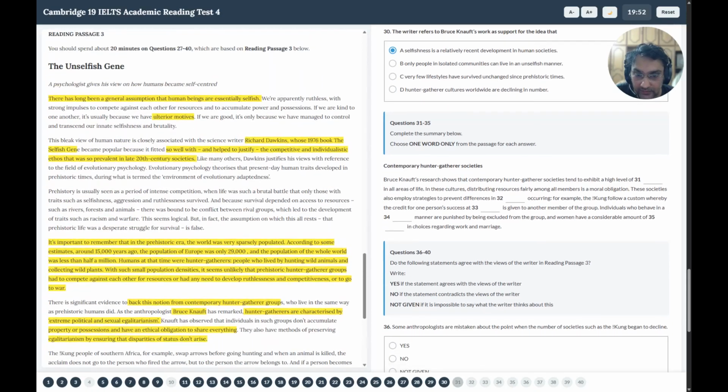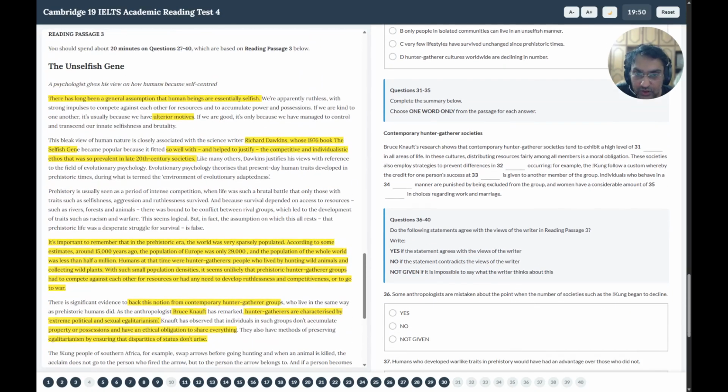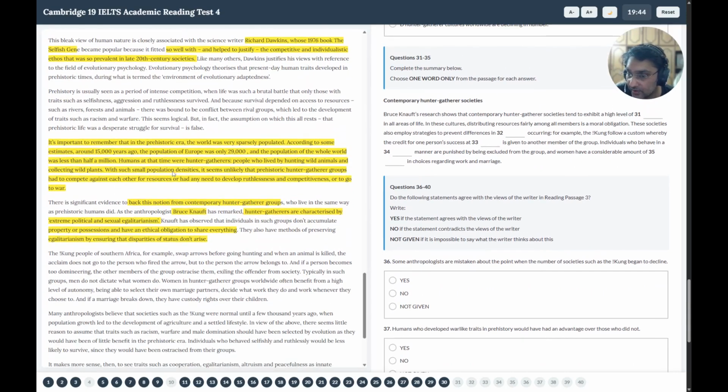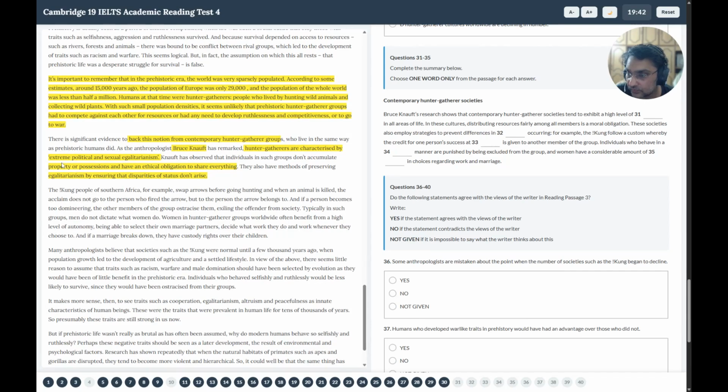Question number 31. Bruce Knauft's research shows that contemporary hunter-gatherer societies tend to exhibit a high level of what? Ethical obligation. A high level of egalitarianism.